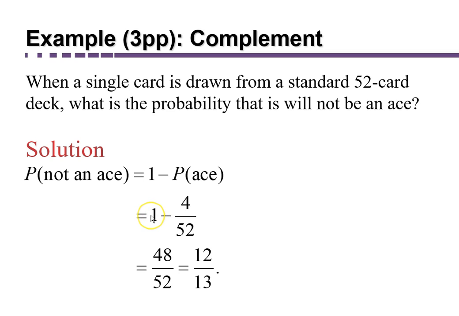That's the whole deck of cards. We subtract the 4 52nds. This gives us 48 52nds. And that reduces to 12 over 13. You always want to reduce it, simplify to lowest terms.